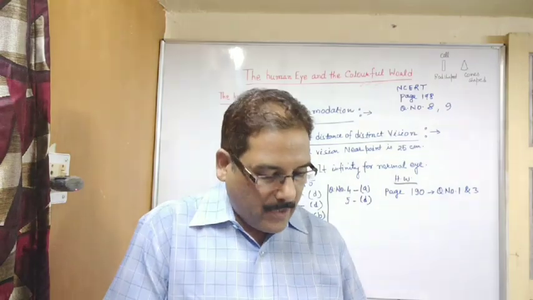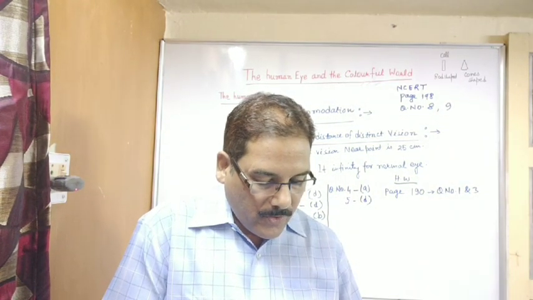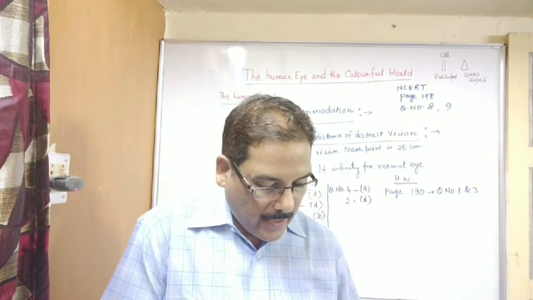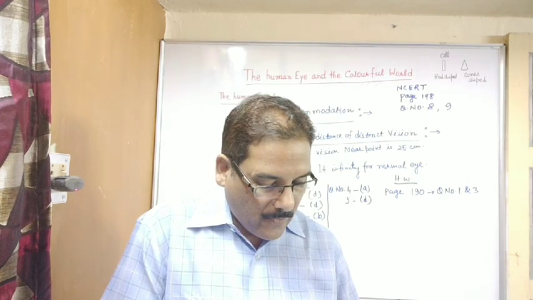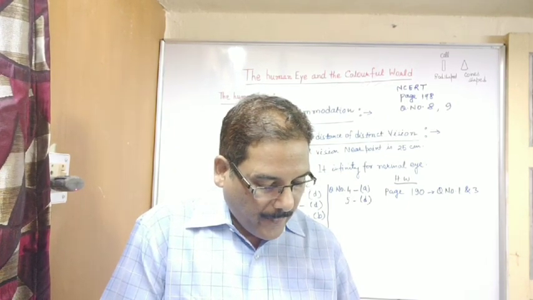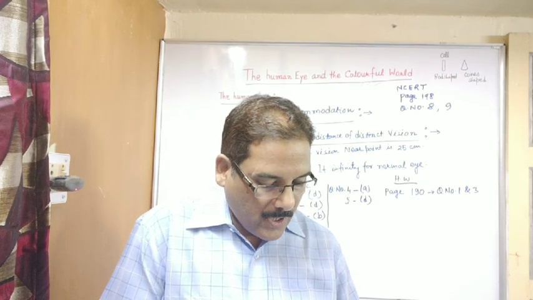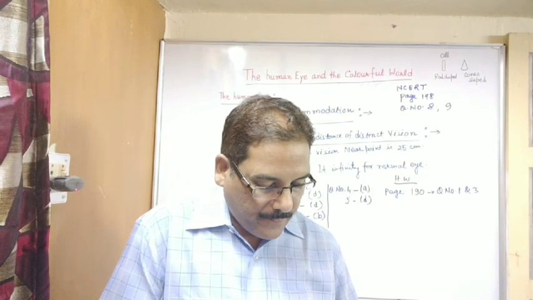Then sixth question, which of the following lenses would you prefer to use while reading small letters found in the dictionary? So a convex lens of focal length 50 centimeter, a concave lens. So you have to use a convex lens of focal length 5 centimeter.